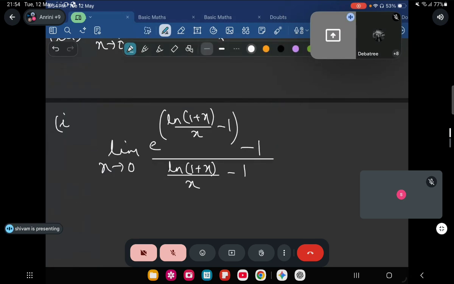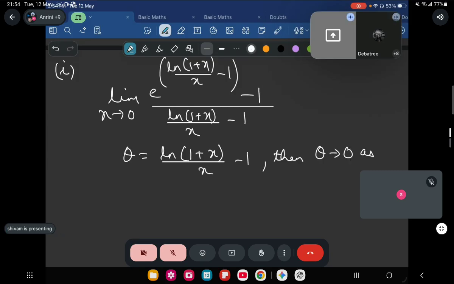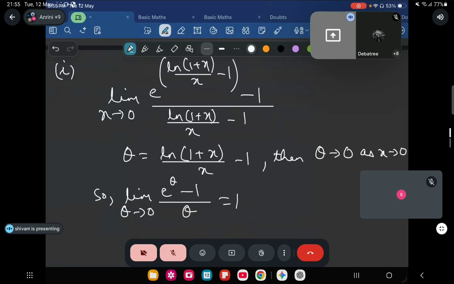Over here, if you take theta equal to ln(1 plus x) upon x minus 1, then theta tends to 0 as x tends to 0. So we'll get limit theta tends to 0, e to the power theta minus 1 upon theta, which is equal to 1. Done.